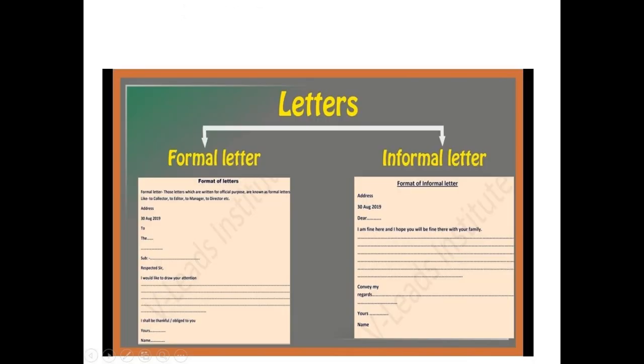Here are the two images of the formal letter and informal letter that are already discussed in detail. So formal and informal letters are basically two modes of writing a letter, which I have already explained.